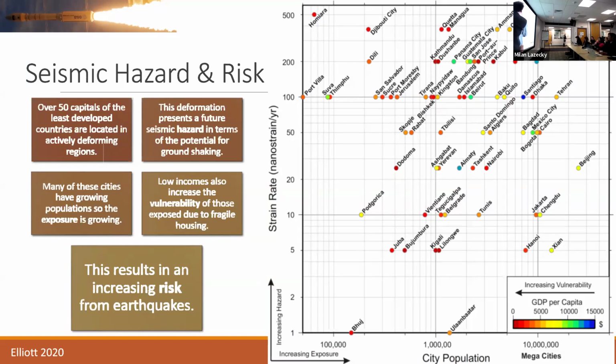Areas that are straining very fast are going to have earthquakes, and a lot of people live there. So the ones we've looked at in the past, a bit at Santiago, Almaty quite a bit, and there's just all these large capital cities, but of course non-capital cities in those countries are also exposed. But that's the potential for ground shaking. And what tends to be happening is these cities are all growing, so they'll move that way.